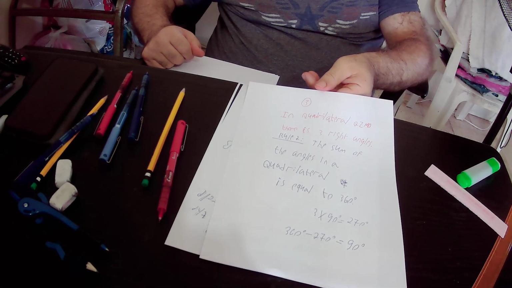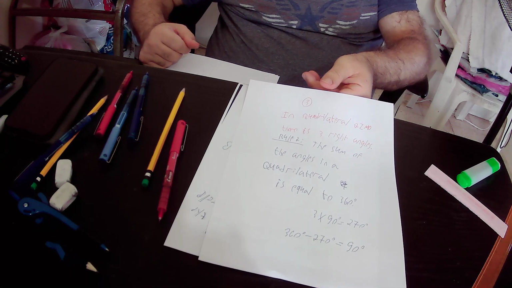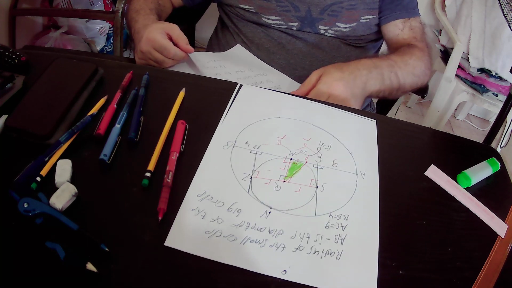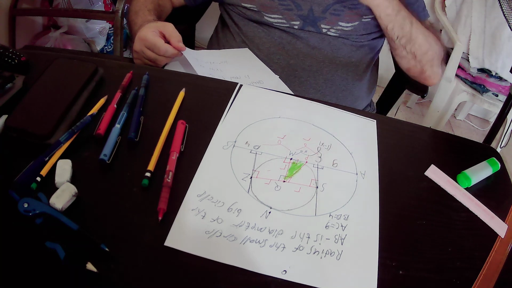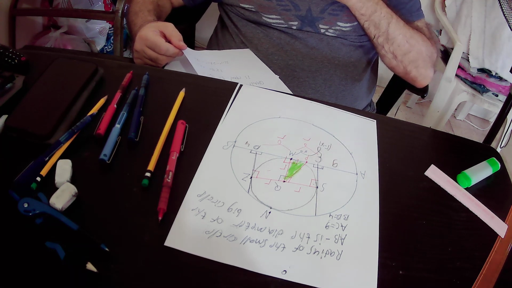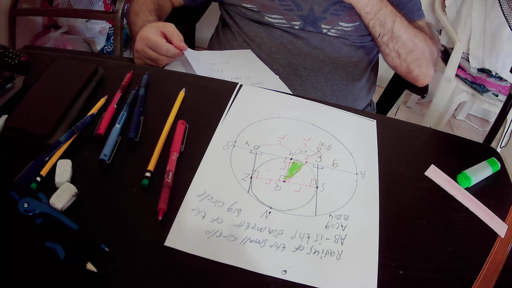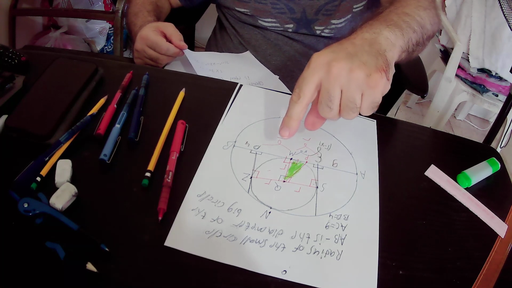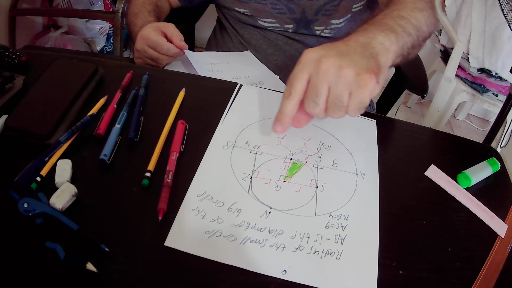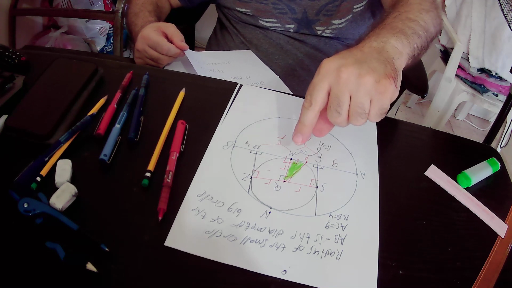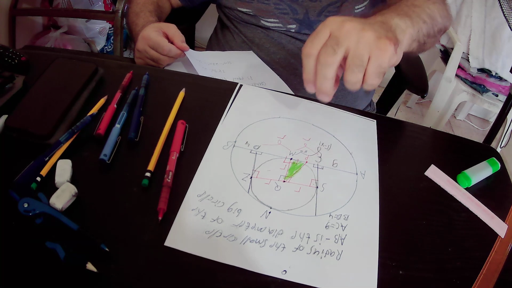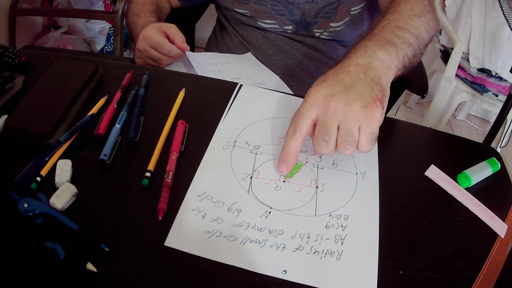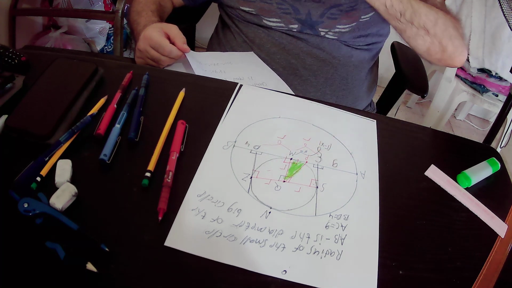So the fourth angle must complete the sum of the angles to 360 degrees, so the value of the fourth angle must be equal to 360 degrees minus the sum of the other three angles, that is to say 360 degrees minus 270 degrees equals 90 degrees. That is to say this is also a right angle.